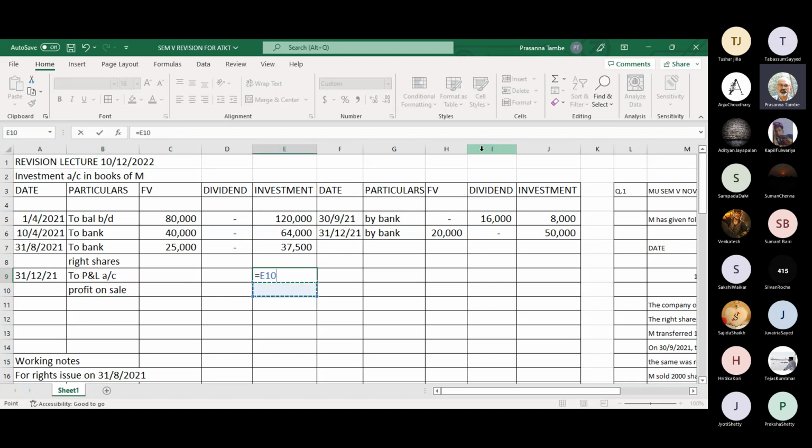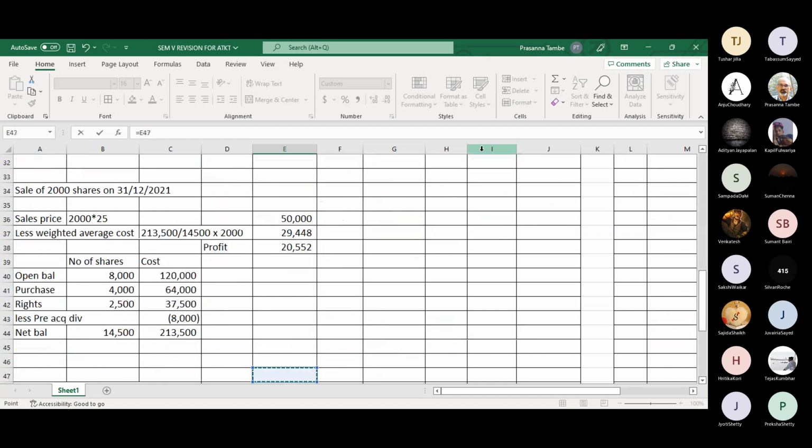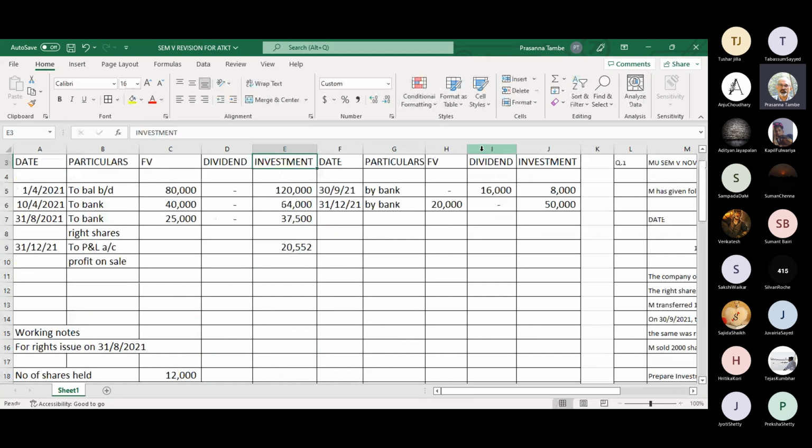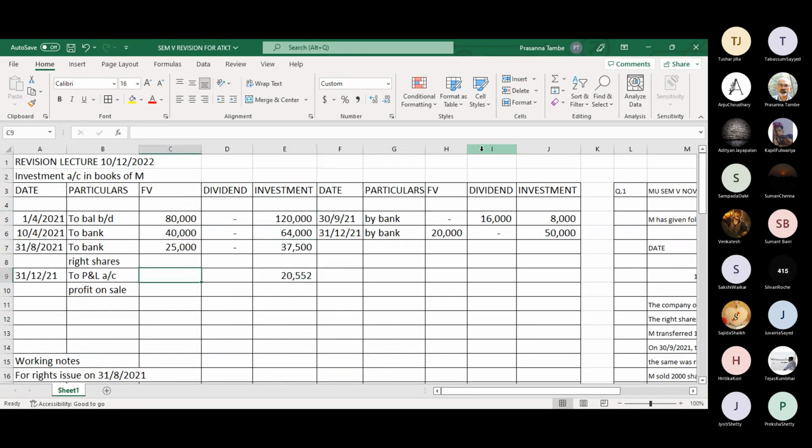Our calculations will tell us. 20,552 is the profit on sale. So two entries we have passed. Bank account debit to investment account 50,000, that is for 2,000 shares, face value 20,000, sold at 25 rupees a share. And then the second entry on the same day, investment account debit to P&L account, profit on sale 20,552, is the profit transfer to profit and loss account.